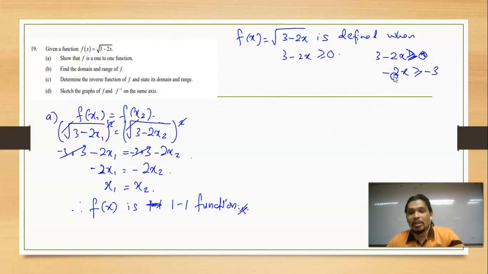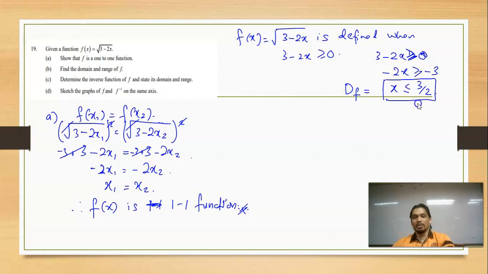So we divide by negative 2 left and right. Dividing by a negative will affect the direction of this sign, and we come out with x less than or equal to 3 over 2. Okay, class, automatically this is your domain of the function f, which is from negative infinity until 3 over 2.